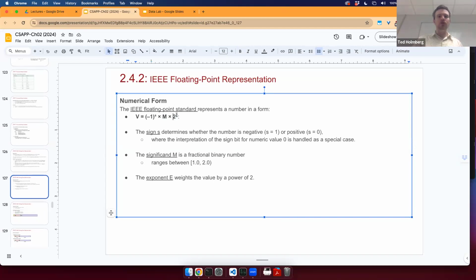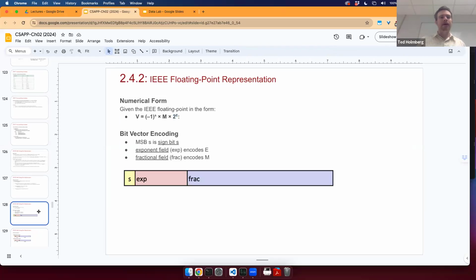And so notice most of our binary sequencing will allow us to really translate into this domain here. So let's take a better look at what that actually represents. In a numerical form, given the IEEE floating point form here, we can see that our most significant bit is going to be our sign bit.